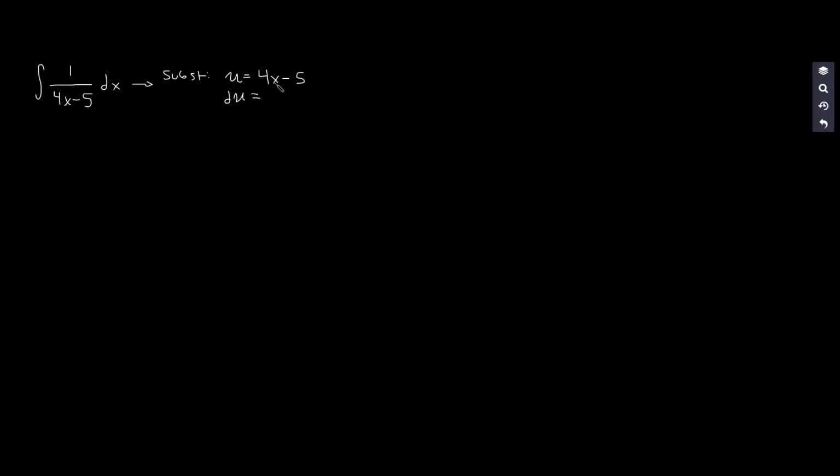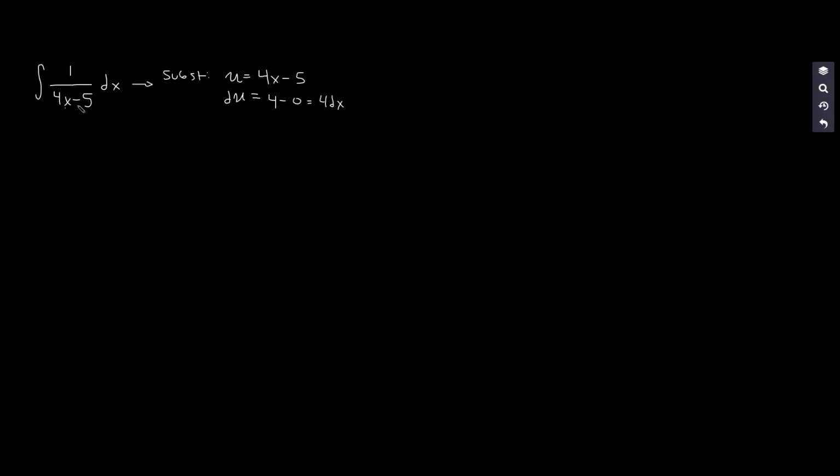And the derivative of 4x minus 5, well, first we'll do the derivative of 4x, and we'll factor out that 4 really quickly, and then we'll take the derivative of x, which is 1, then we'll multiply back that 4. So the derivative of 4x is 4. And then 5, the derivative of 5 is going to be 0, so we'll have 4 minus 0, which of course is just going to be 4 dx.